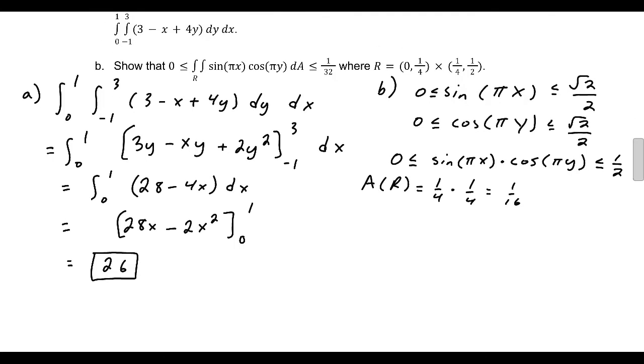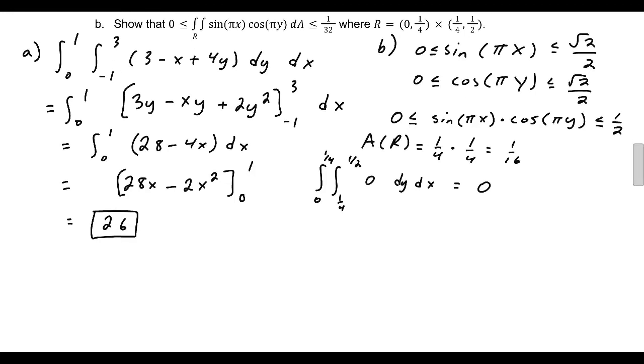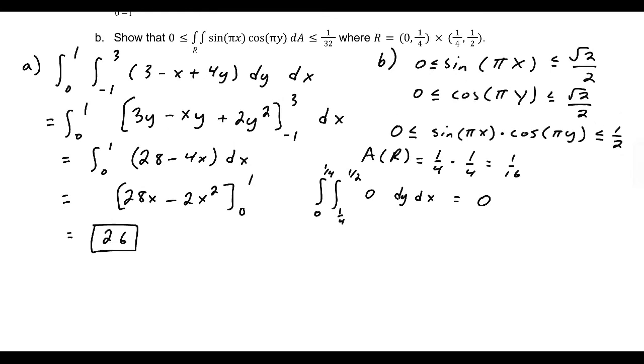So what we will consider is the double integral for our lower bound from 0 to 1/4 with respect to x of the integral from 1/4 to 1/2 with respect to y of the function 0. That was our lower bound. And that double integral will be equal to 0, giving us the lower bound of that interval we were trying to find.